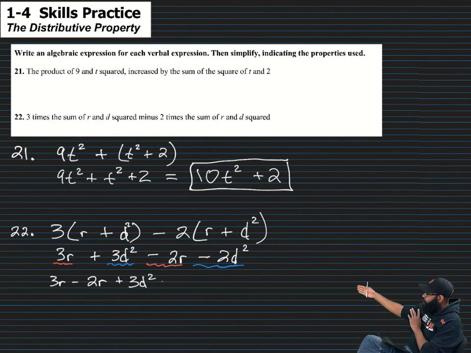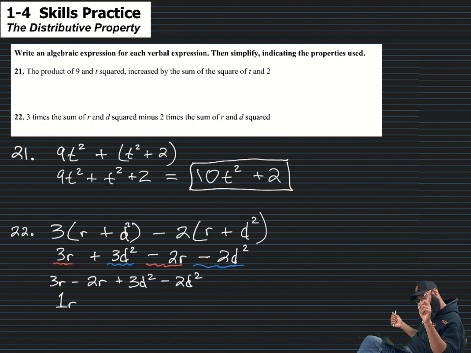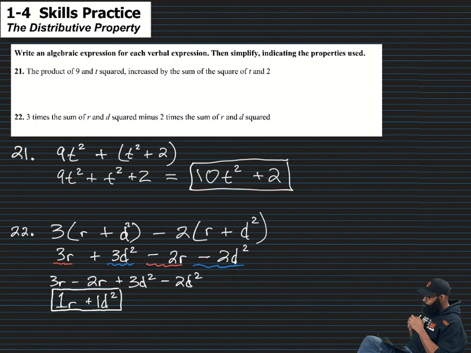So I'm just lining them up so that I can see which terms are like, and then just go 3r minus 2r. You got it. 1r. And then of course 3d squared minus 2d squared. 1d squared. So my efforts are outstanding. My direction following is close to perfect. It's really good. How are you doing?